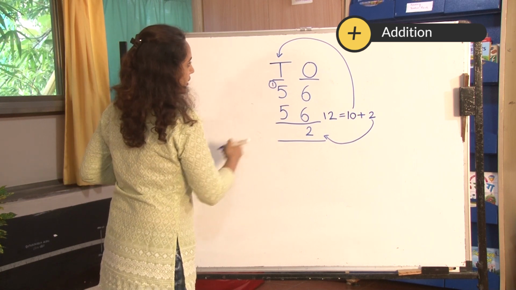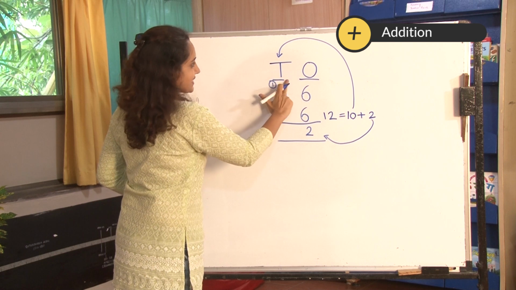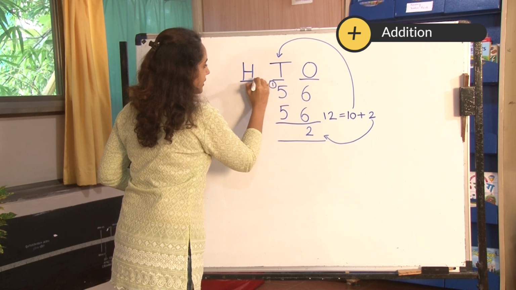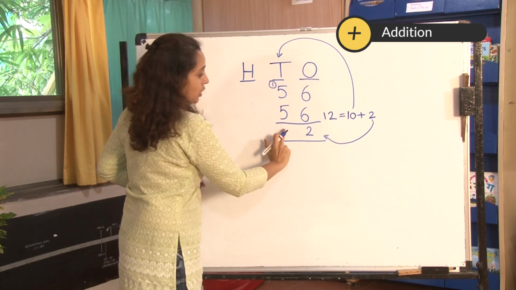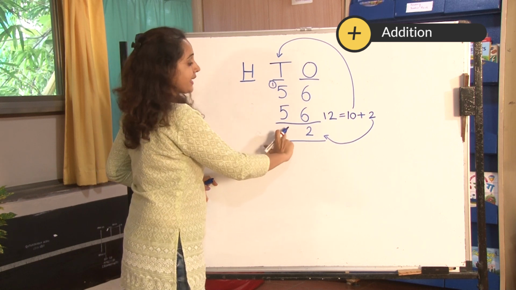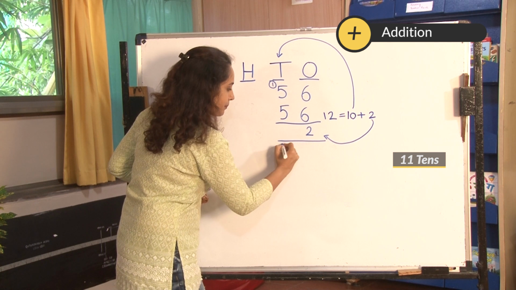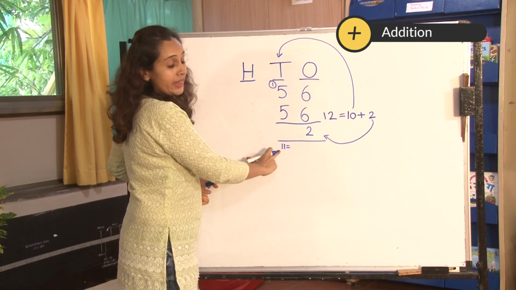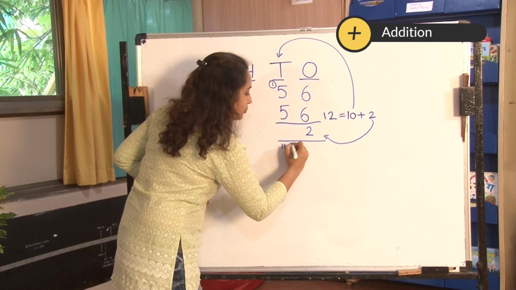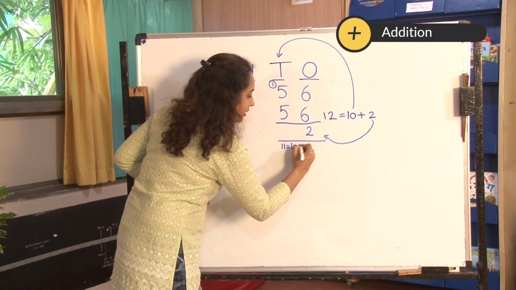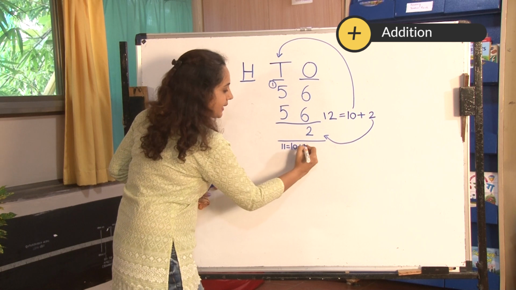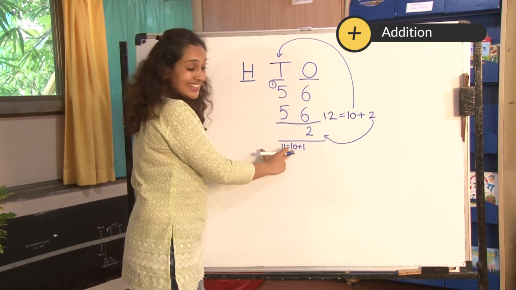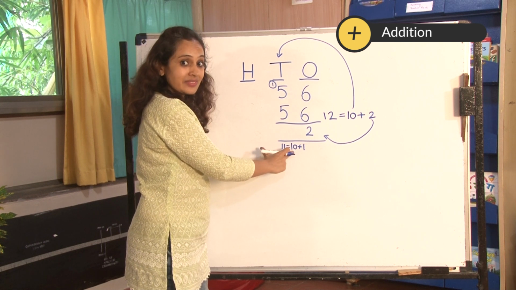So I have the ones place, tens place, and now I will have the hundreds place. Okay, so how many tens did I get here? 11, right? 11 tens. So what do I do? I have to regroup 10 tens, and what am I left with? 1 ten. Now when I group 10 tens, what is that?